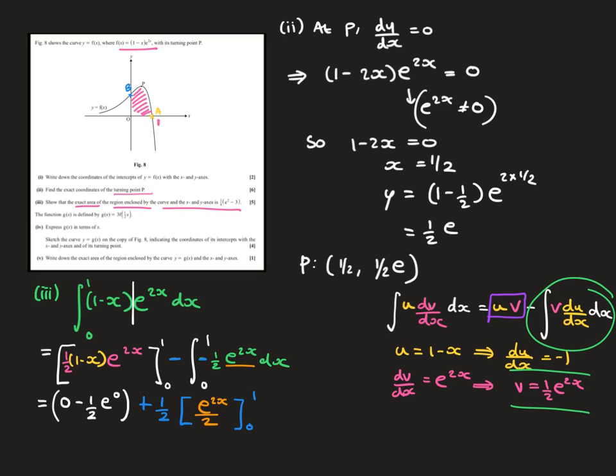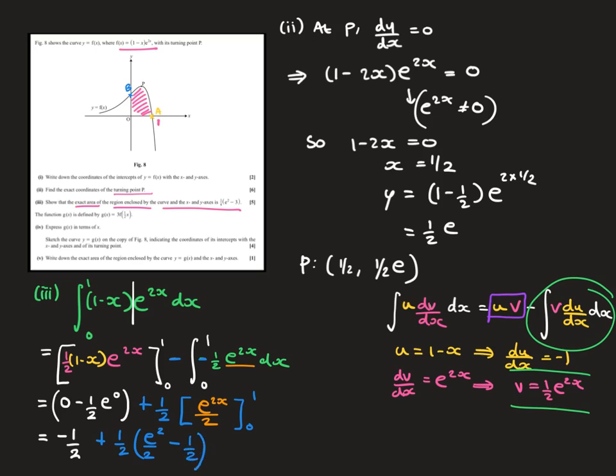So let's finish working through this. So this is going to give me minus a half from that first part. And then from the blue part, substituting in the limits, I'm going to get plus e to the 2 over 2, and then minus a half.